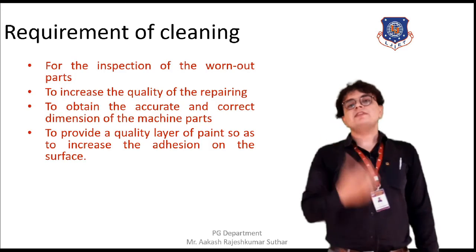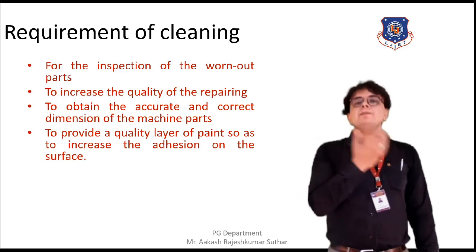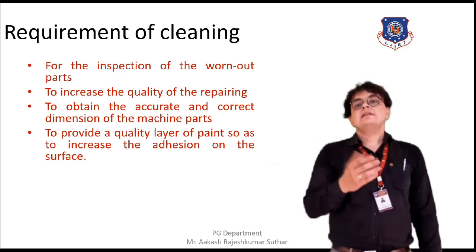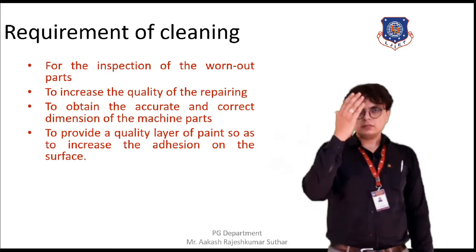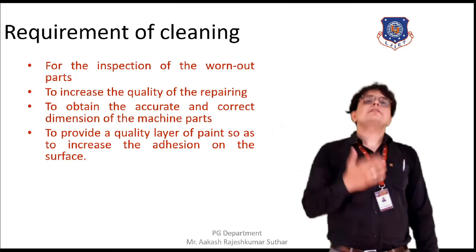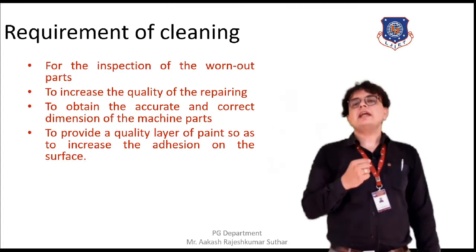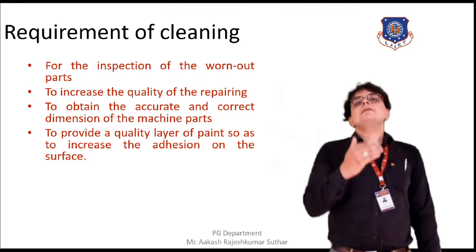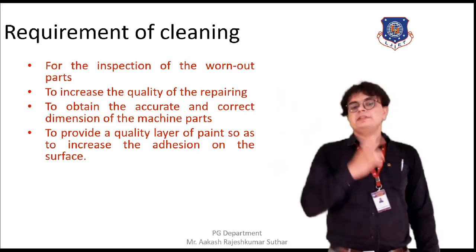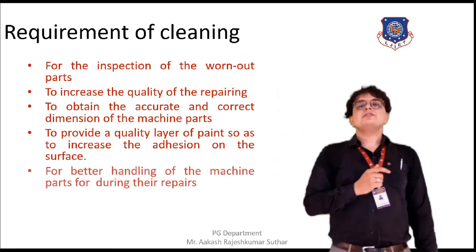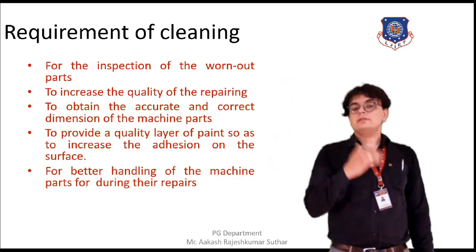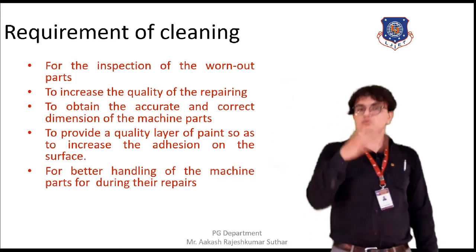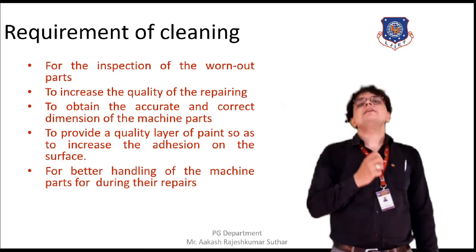If the outer surface of the equipment is clean, then there will be a good cohesion of the paint to the outer surface. As a result, it will look nice, it will adhere properly, and it will improve the appearance. Next is for better handling of the machine parts and the repairs. So during the repairs, the handling should be done properly.